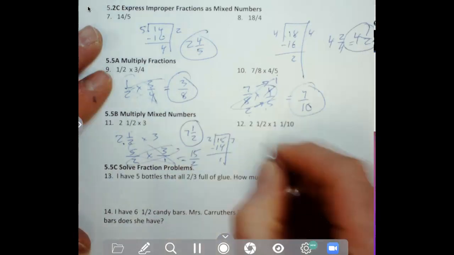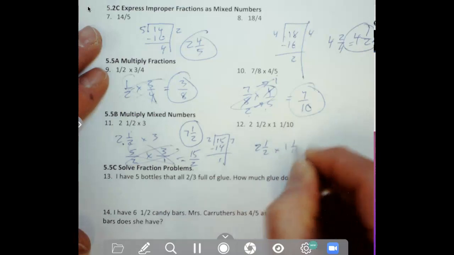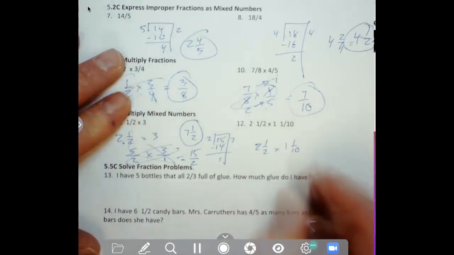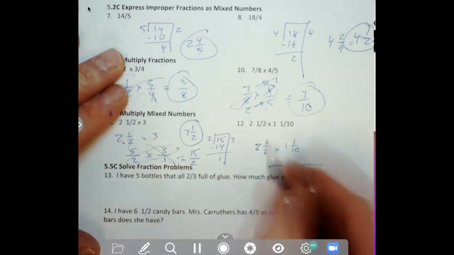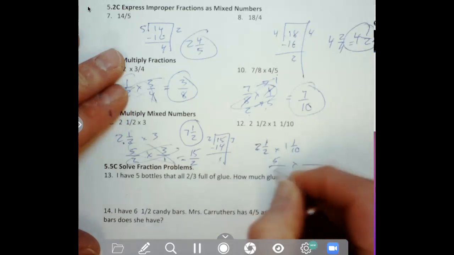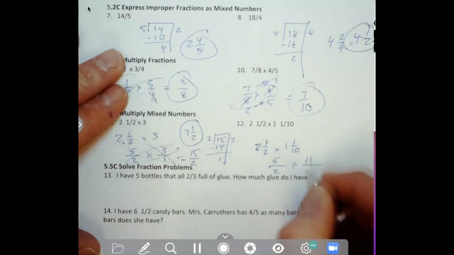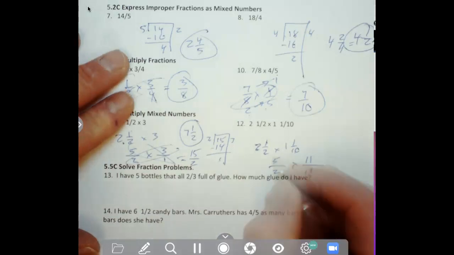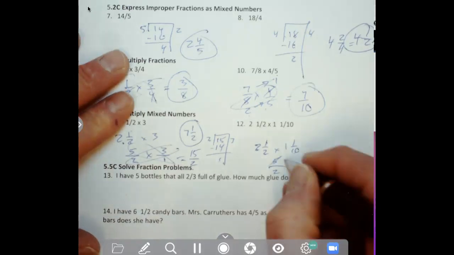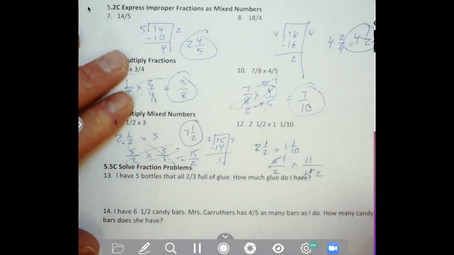All right, this one is 2 1/2 times 1 1/10. This time we have to put both of them into improper fractions. So 2 times 2 is 4, plus 1 is 5/2 again. 1 times 10 is 10, plus 1 is 11/10. Okay, we look and see if we can do anything. I can divide here by 5. 5 divided by 5 is 1. 10 divided by 5 is 2.